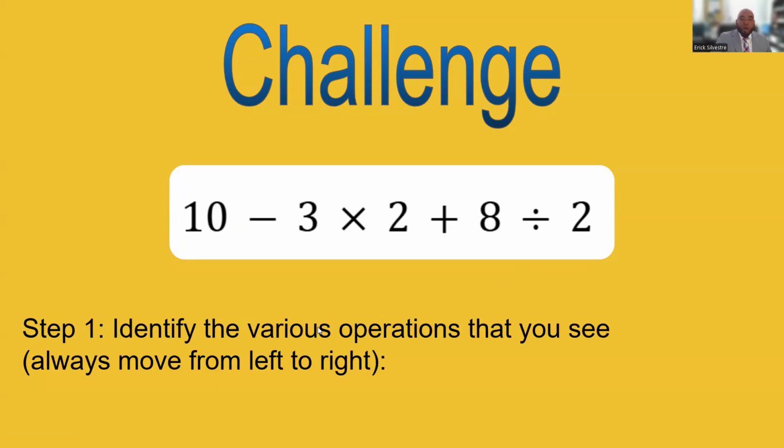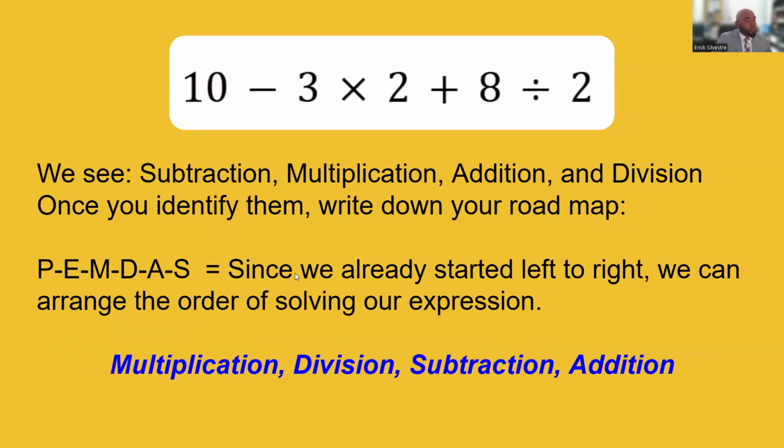So step number one is to identify the operations that you see and always start from left to right. As I get used to doing order of operations, it's good to always write down what is given. In this scenario, you will start, from left to right, with the operations that you have in this expression. So you have subtraction, multiplication, addition, and division.